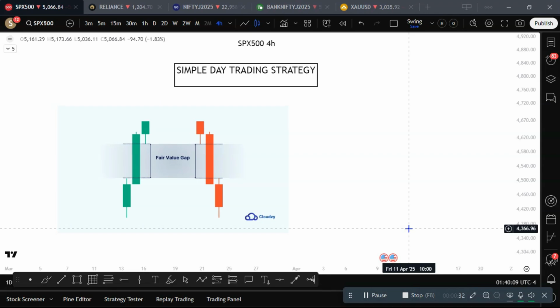Many people struggle with liquidity and multiple time frame analysis and structure and all of that, so that's why I made this strategy very mechanical and simple. Any beginner can use this strategy, no trading experience required, and you will literally get funded with this strategy, and I think that's all you need.